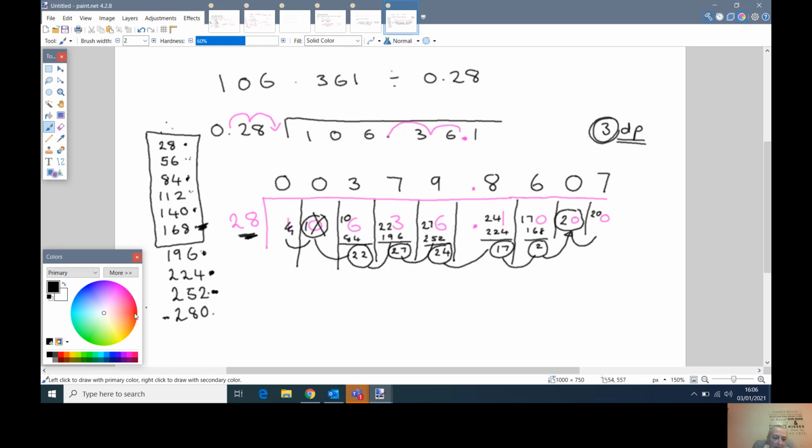Oh, what a long one. Now we can round that up. I wanted it to 3 dp. 1, 2, 3. So my next number decides if I'm going to add 1 on or ignore. It's 5 and higher. So I'm going to plus 1.